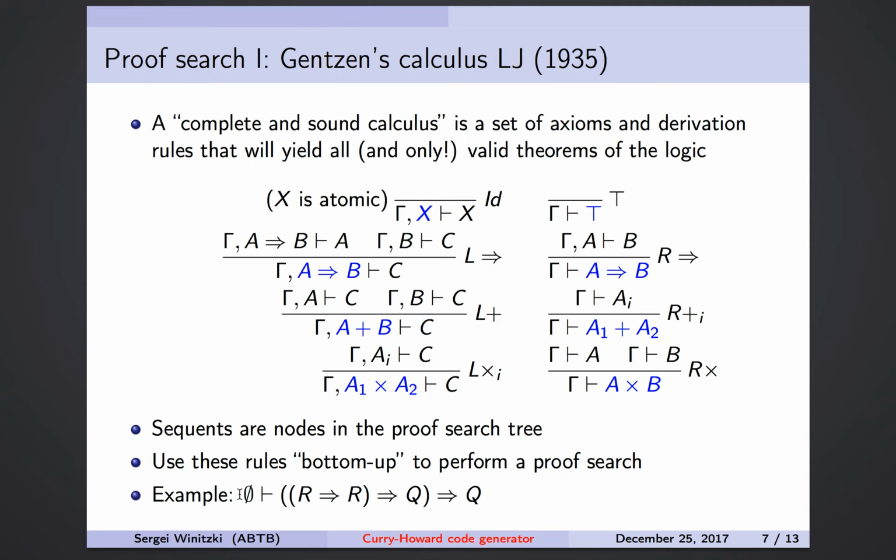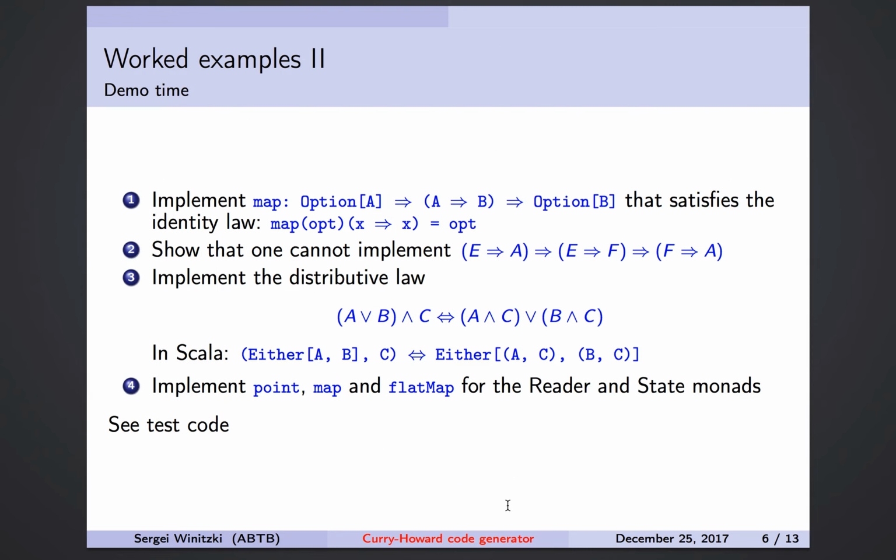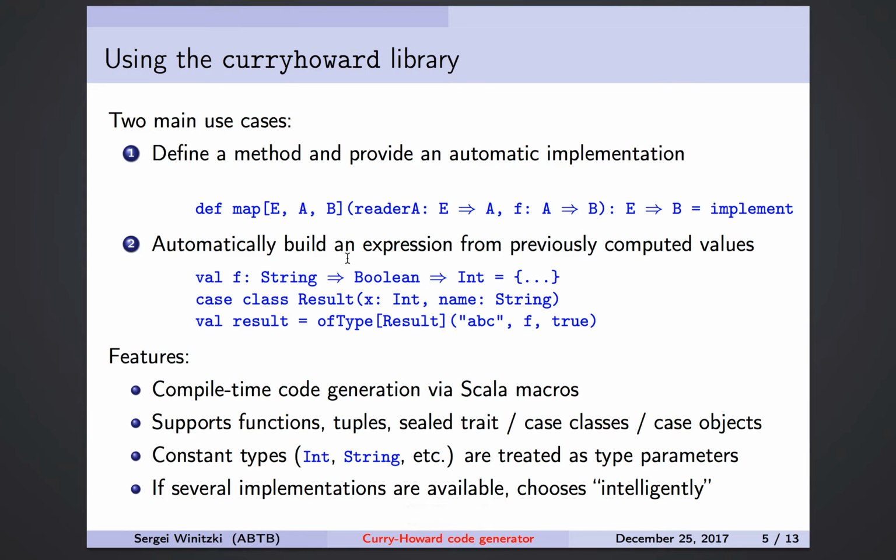So this is a sequent that has no premises. There's an empty set of premises, and it needs to prove this formula as a goal. Now these are the typical sequents we will have to prove. So why is that? Well, look at this, for example. This can be read as a sequent that has these two as premises, and this is the goal.